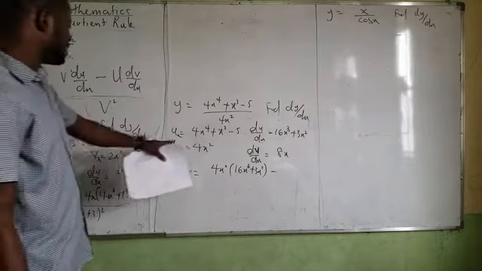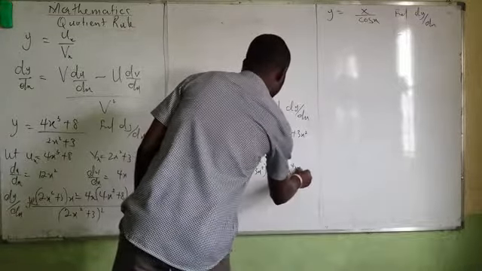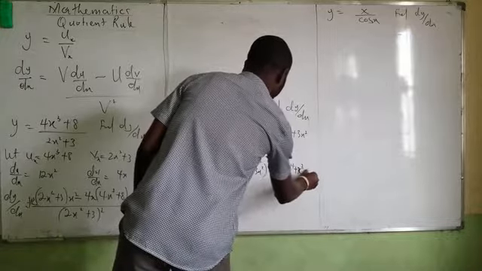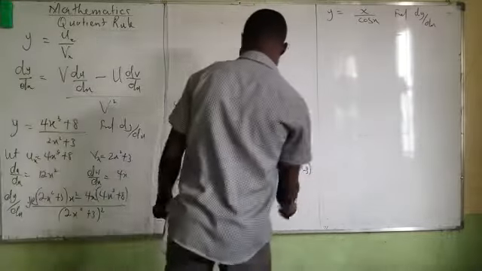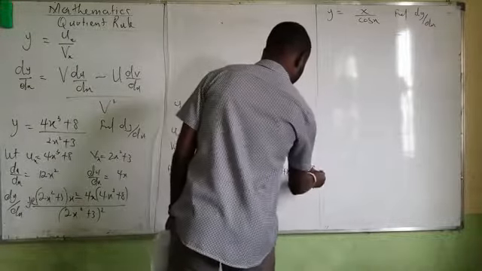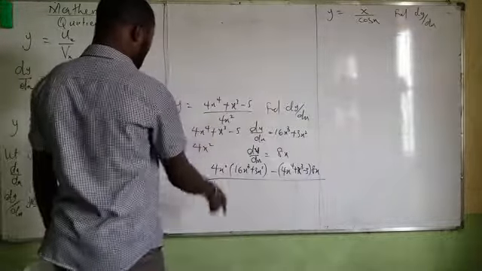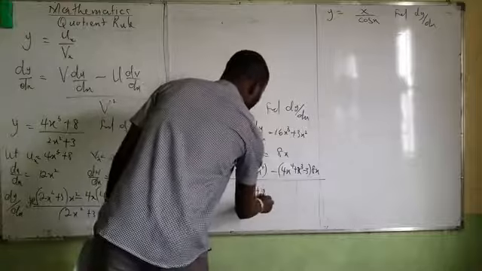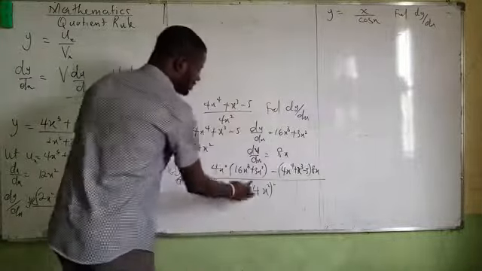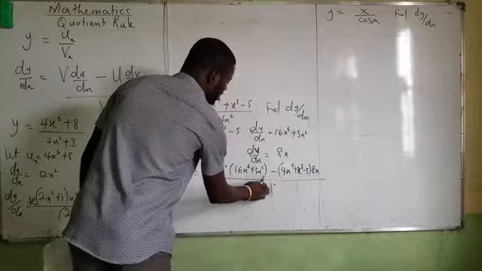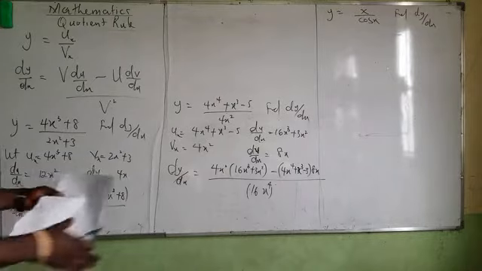My u is 4x to the power 4 plus x cubed minus 5, and my dv/dx is 8x, divided by my v, which is 4x squared, squared, which I can turn into 16x to the power 4. That is my answer.